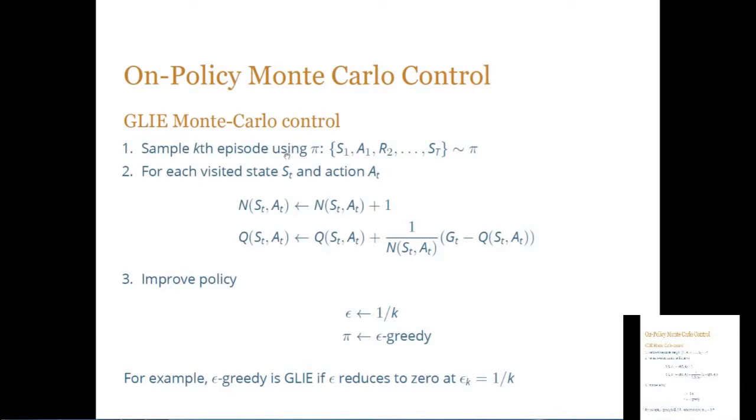In the first step, we sample our entire episode using our behavior policy, pi. It needs to be epsilon greedy, for example, or some soft greedy exploration policy. And then for each visited state and action, we update the number of times we visited that pair, and we do an incremental update of the Q value function according to this formula.